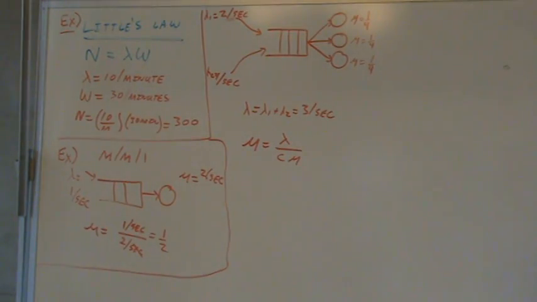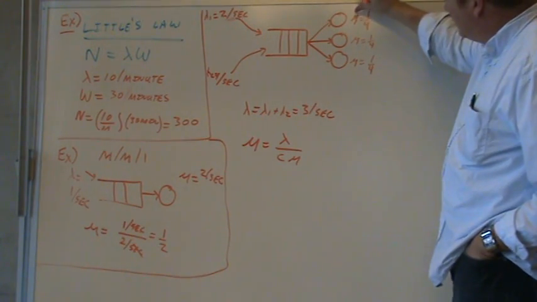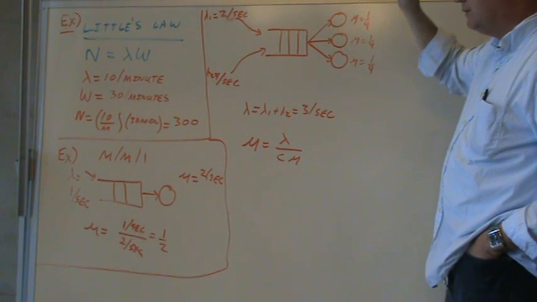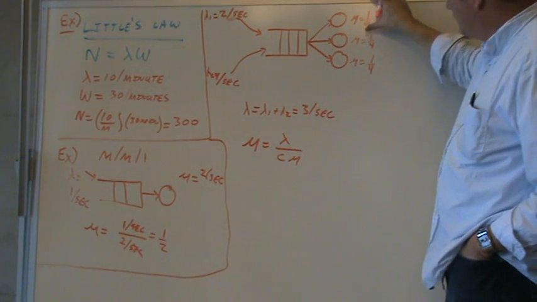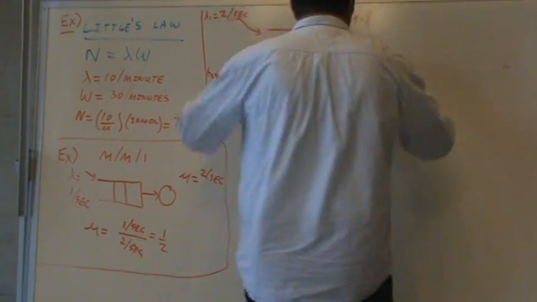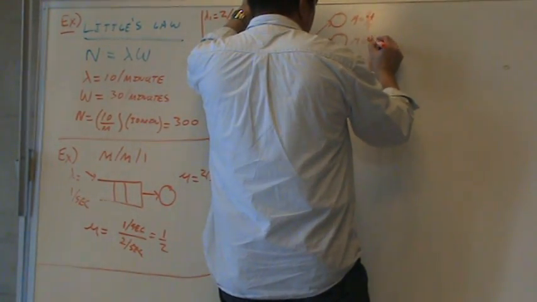Actually, the mu's are rates, how many it can do per second. So these should actually just be 4s. 4 per second.